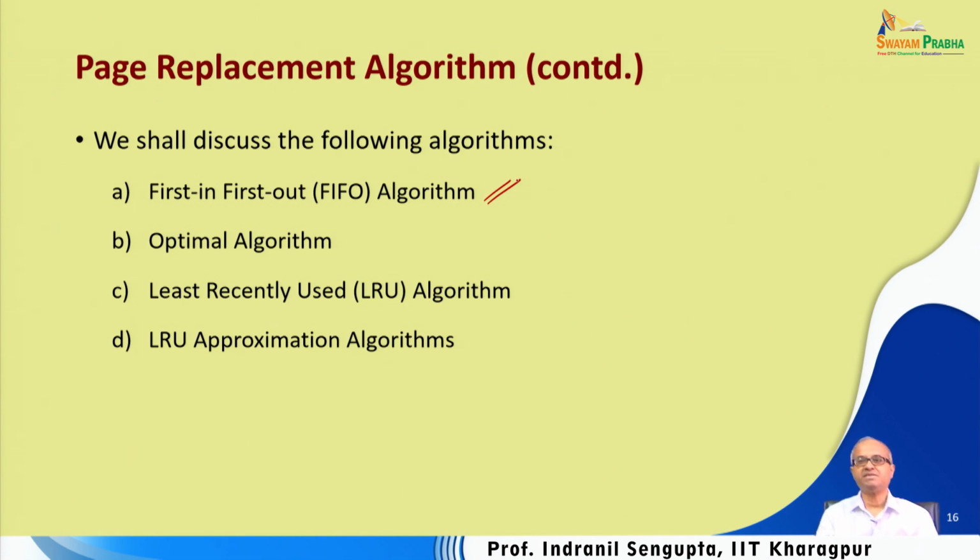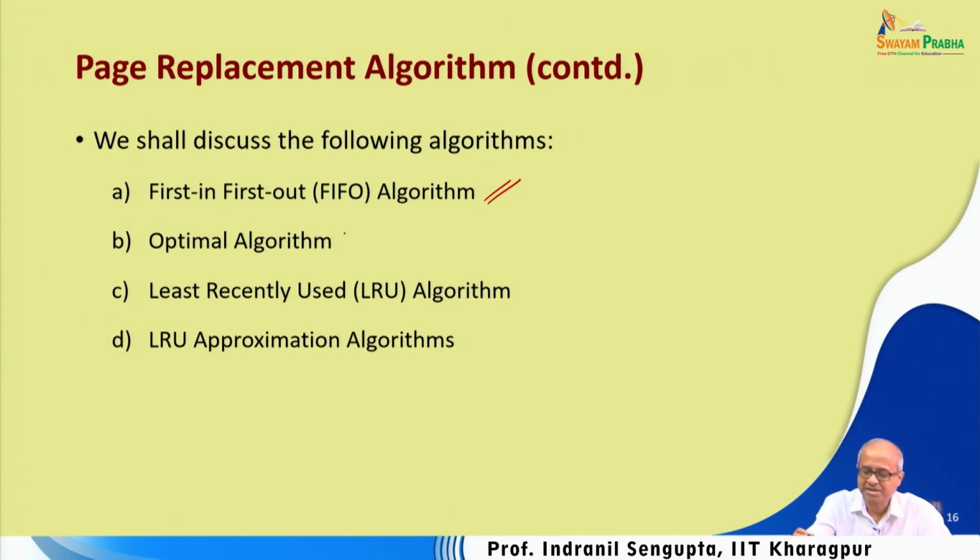First in, first out means the page which was brought into the memory first will be the first one to be swapped out. Simple. But the problem is, the first page which is brought in may also be the page which is most frequently being used. So, you are removing one of the most frequently used pages from the memory. Immediately it will be accessed again, there will be a page fault, and you will have to bring it back.